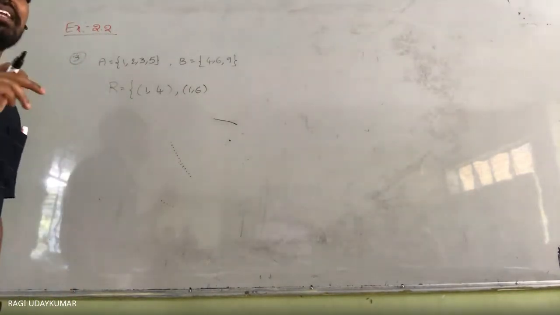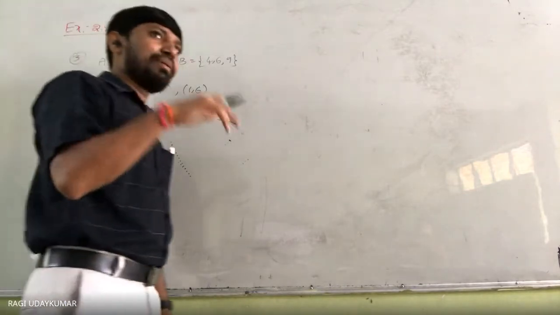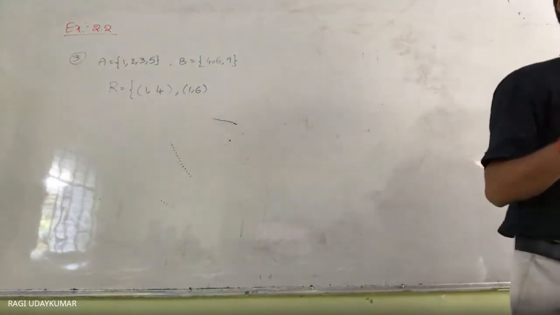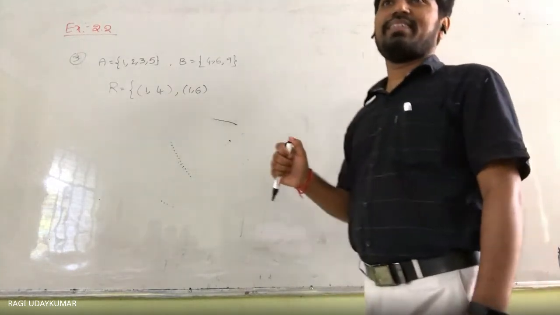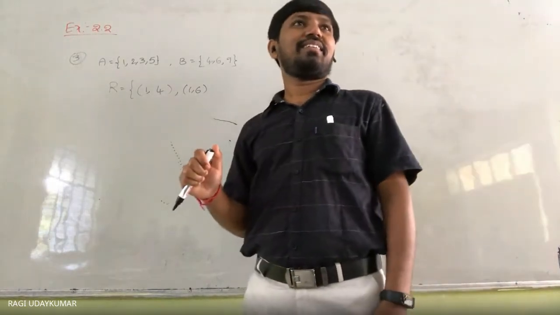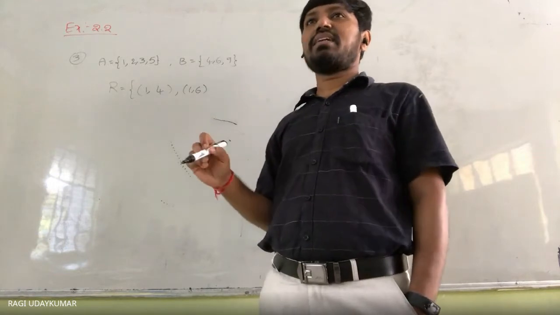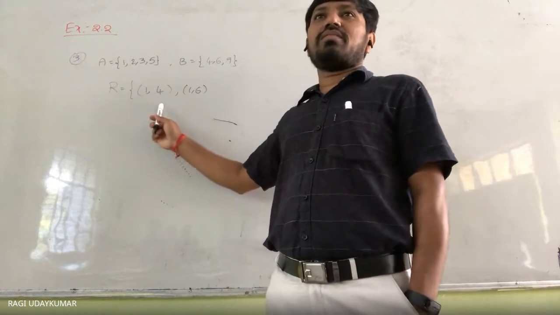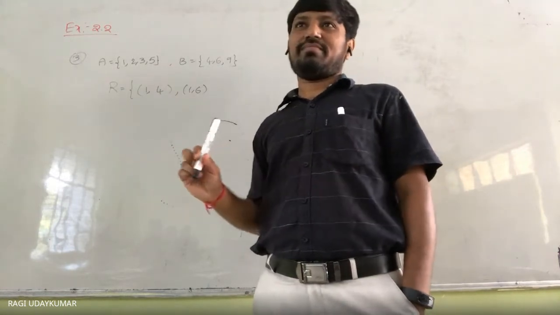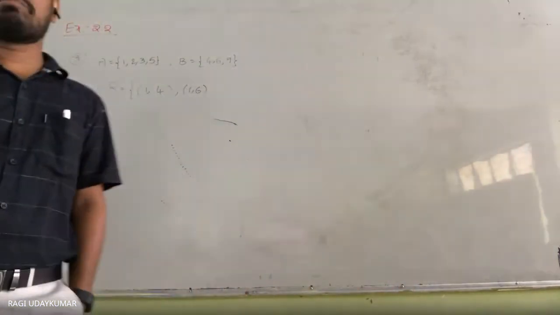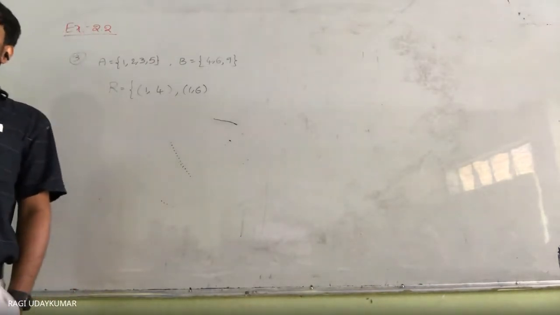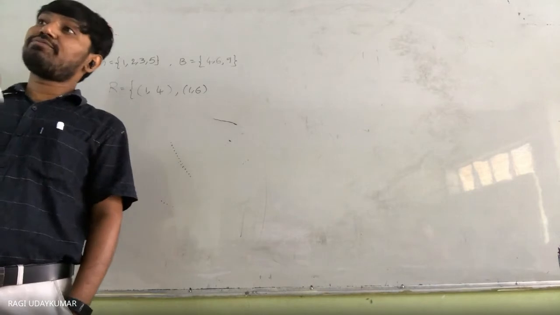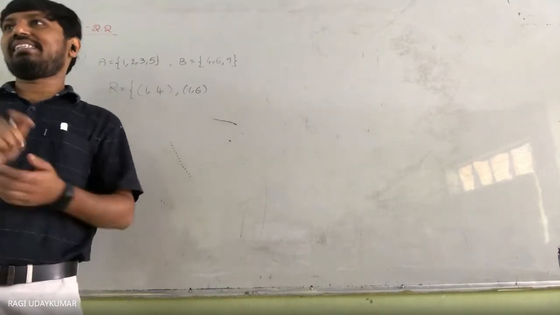We are saying difference. What is the difference between difference and subtraction? Difference is nothing but greater number minus smaller number. 1 minus 4 is minus 3, but the difference of 1 and 4 is plus 3, because the difference of 4 and 1 is also plus 3.